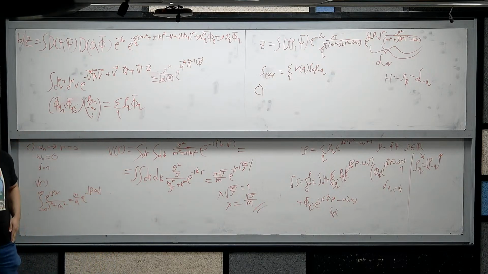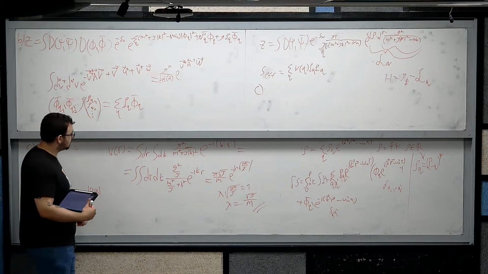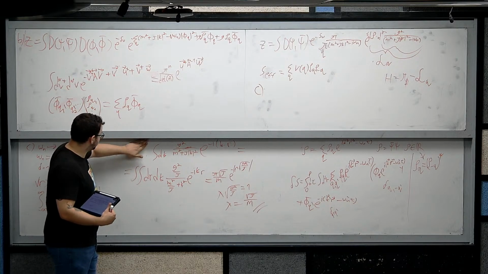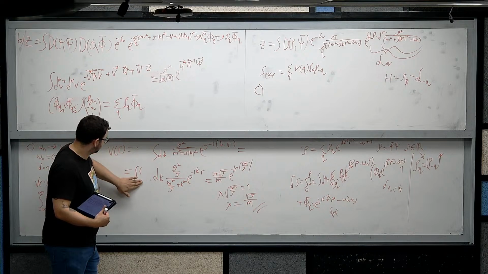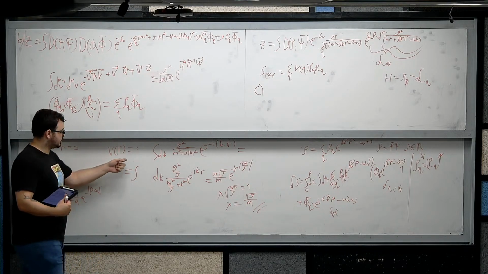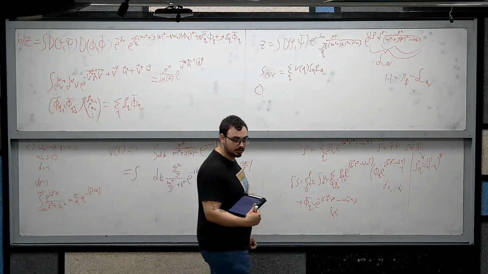No, this is over k, right? Wait, sorry, it's my bad. There's no integration over space. I accidentally added another term. This is just directly the Fourier transform in the other direction.